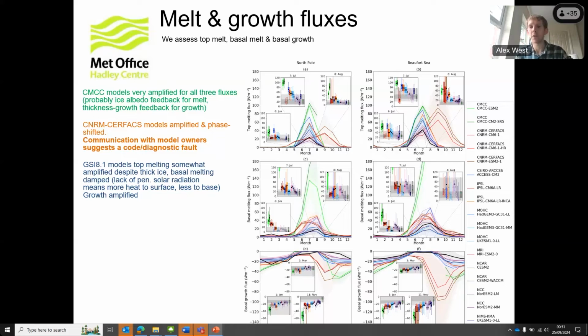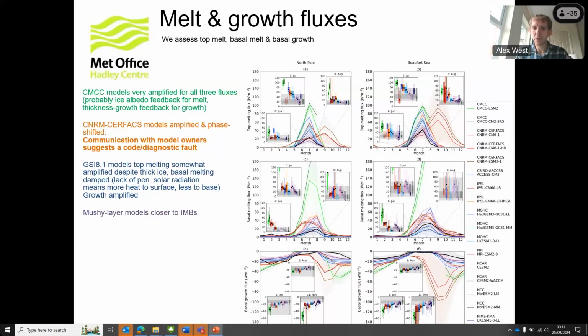It's all absorbed at the surface, and we would expect this to cause more top melting relatively and less basal melting. They also tend to have relatively amplified growth in the winter, which again is interesting, given that they probably have quite thick ice, because this isn't necessarily what you would expect.